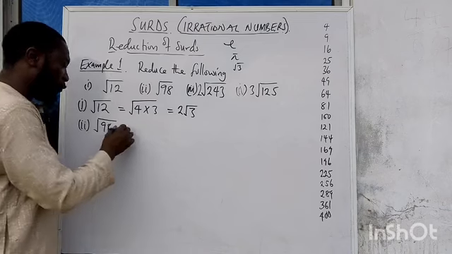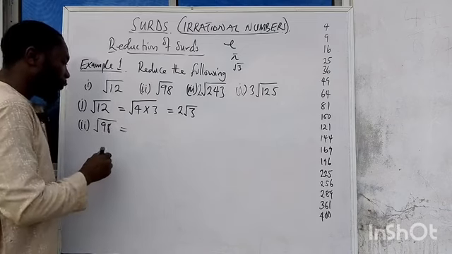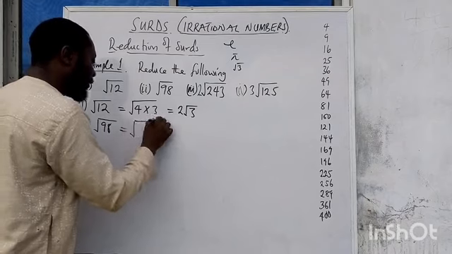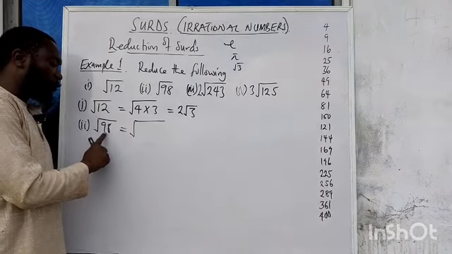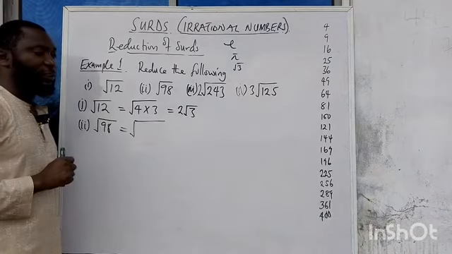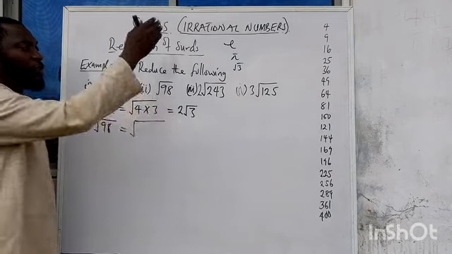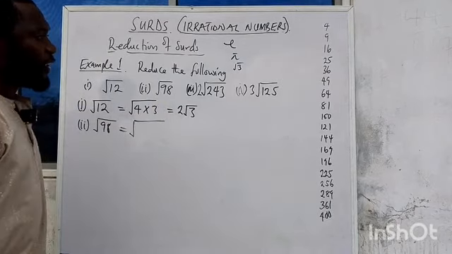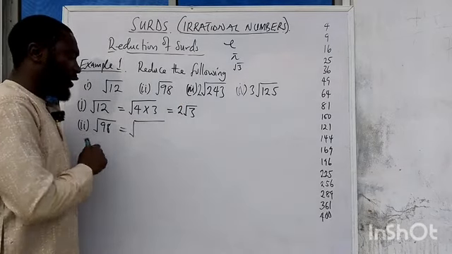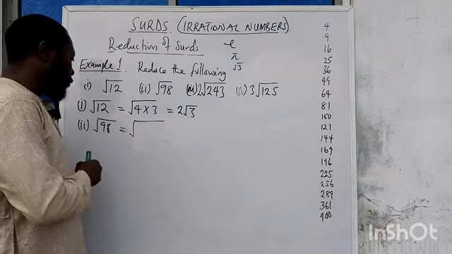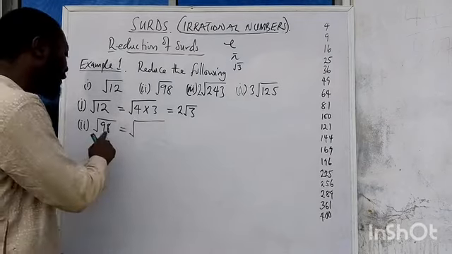Now, the next example we have here is square root of 98. Again, we check for a perfect square that is a factor of 98. Among the list of perfect squares we have there, only 49 is a factor of 98. Now, 49 multiplied by what will give us 98?